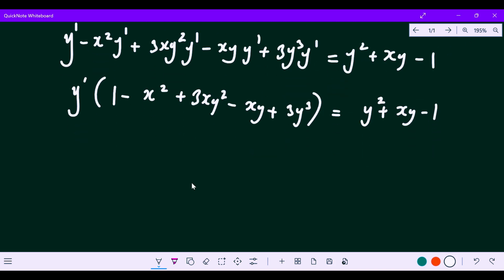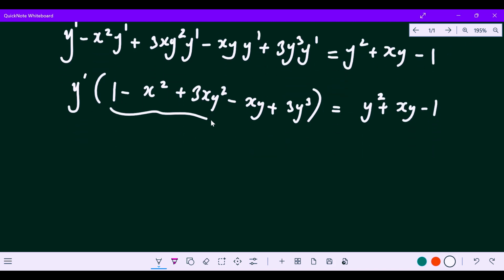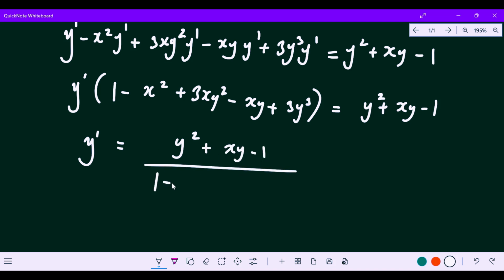So we divide both sides by this guy here, so that we have y prime equal to y squared plus xy minus 1 divided by 1 minus x squared plus 3xy squared minus xy plus 3y cubed, I think.